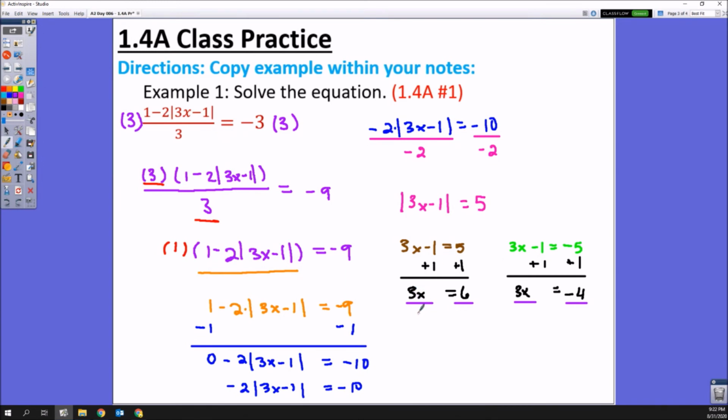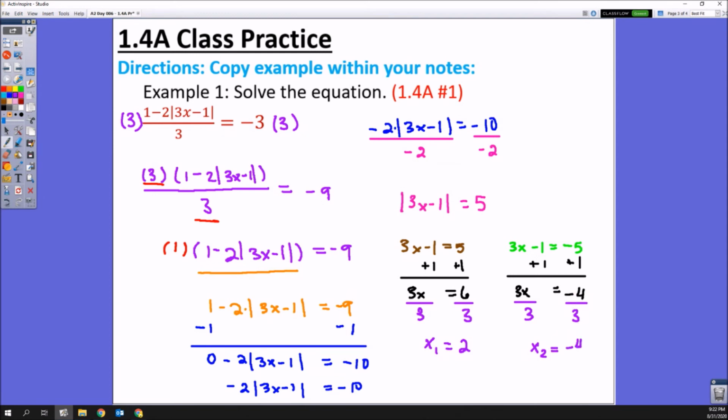And I'm going to do the same thing over here because the 3 is in front of the x. So my first solution, I'm going to write as x subscript 1 or x sub 1. 6 divided by 3 is 2. And our second solution, x subscript 2 or x sub 2. Here, we can't simplify it, so it's going to be negative 4 over 3. It's going to be a fraction.